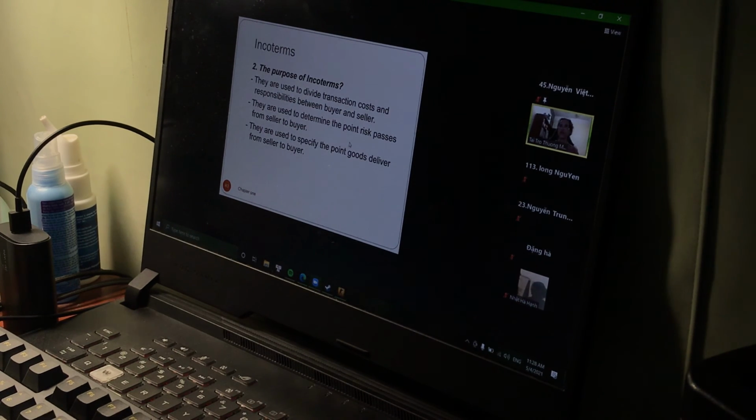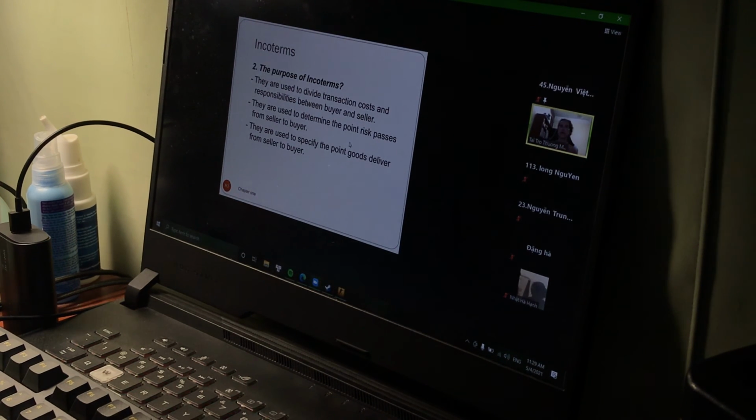Incoterms are used to divide transaction costs and responsibility between buyer and seller. For example, who bears the risk when loading the goods, or who bears the risk when unloading the goods, or who buys the insurance, who rents the vessel, who takes responsibility for the transport agreement, a lot of different things.